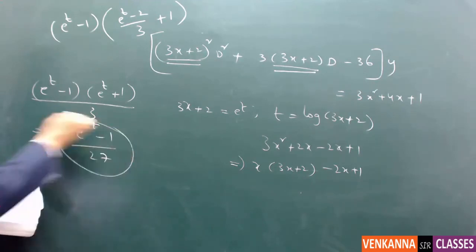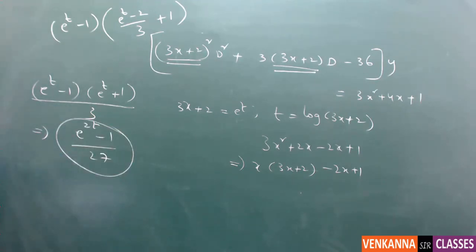The right hand side value will come like this on simplification. So I am giving the answer there. You try on your own. If you didn't get, I will post it separately.